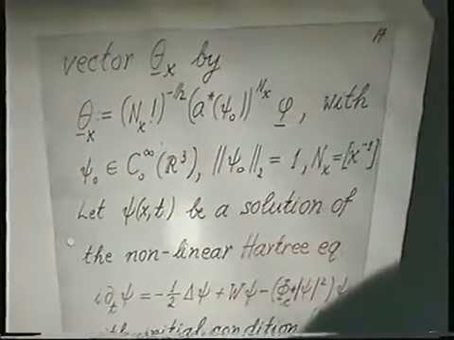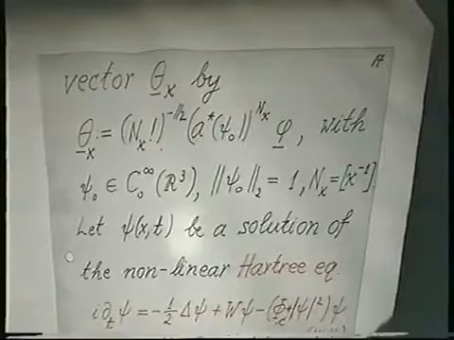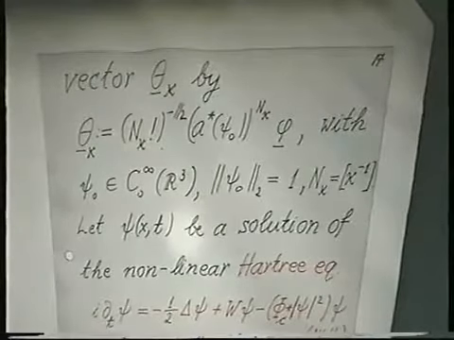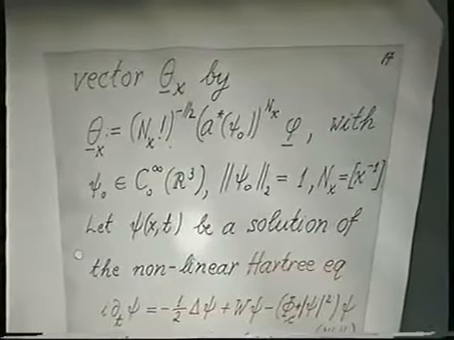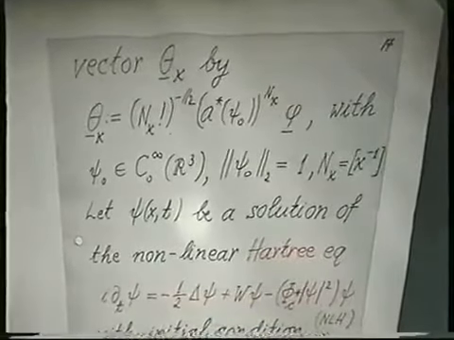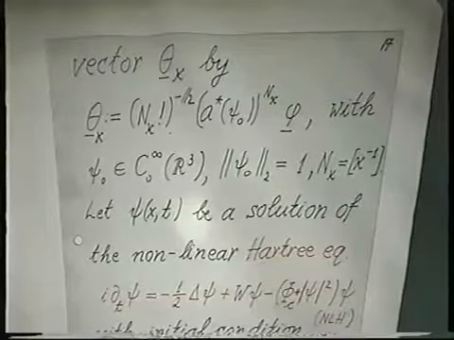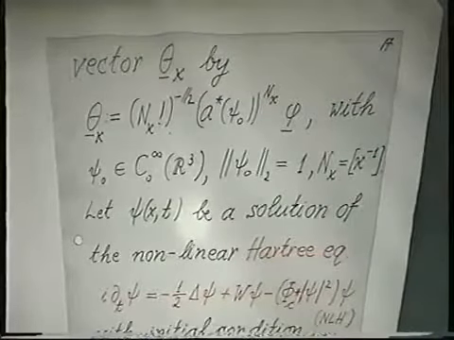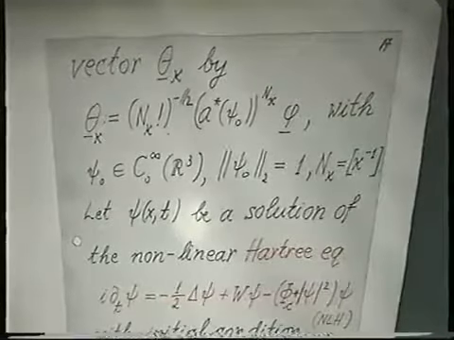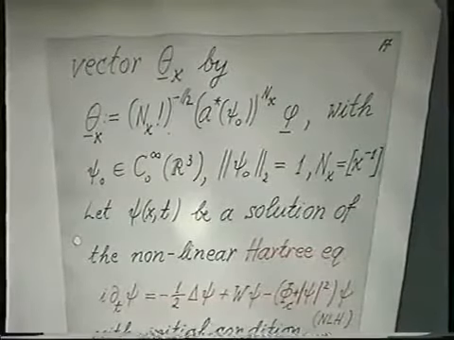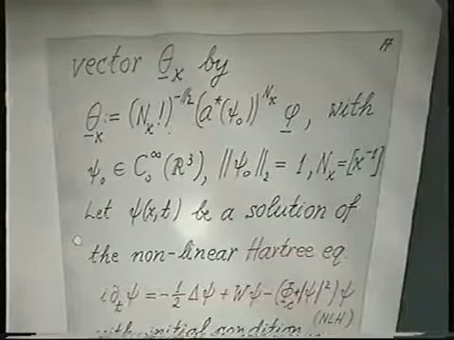It's called theta sub kappa, and theta sub kappa is obtained by creating n sub kappa particles out of the state phi. So I have to apply an nth power of the creation operator to my reference state phi, and divide by the square root of n kappa factorial in order to keep the norm of theta kappa bounded when n kappa becomes large.